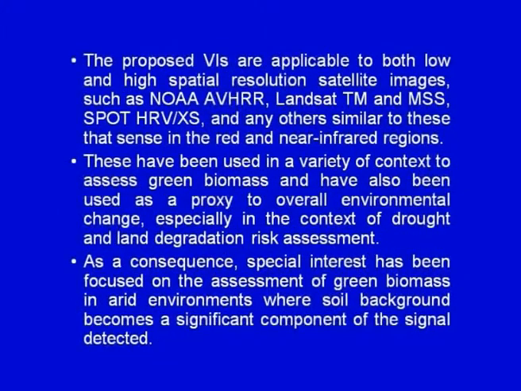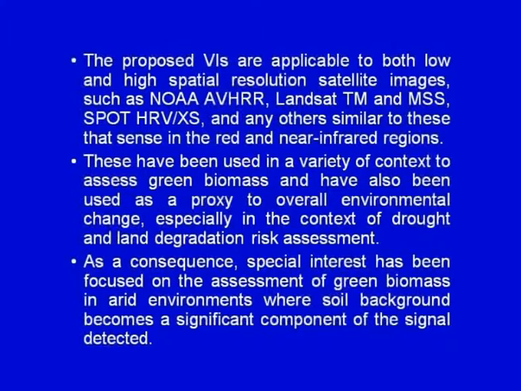The proposed VIs are applicable to both low and high spatial resolution satellite images such as NOAA AVHRR, Landsat TM and MSS, SPOT HRV/XS and any other similar to these that sense in the red and near infrared regions.